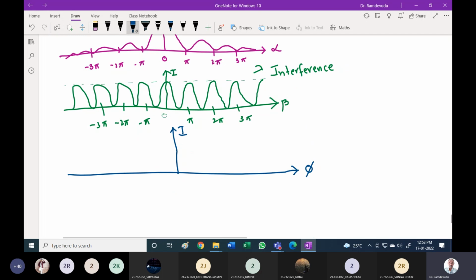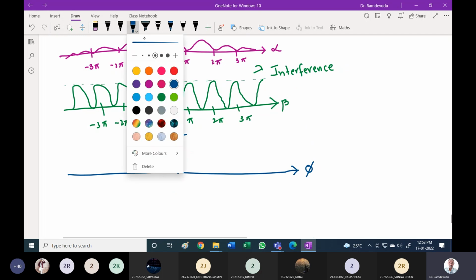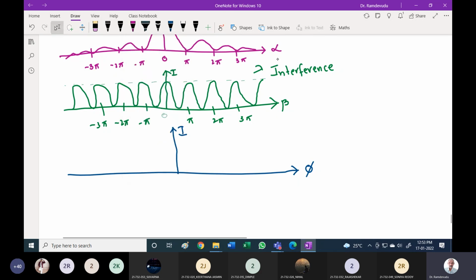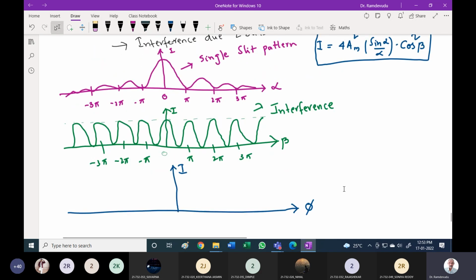Therefore, how it changes, we have to see. To see that, I have to write first the interference pattern. I am writing the interference pattern with the maximum at the center, as we have drawn here.